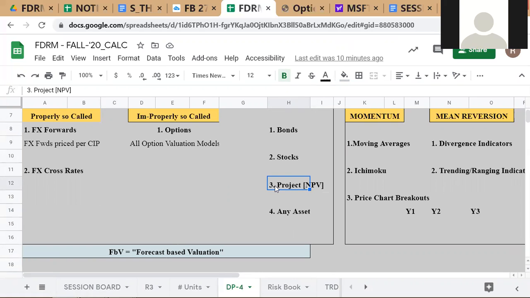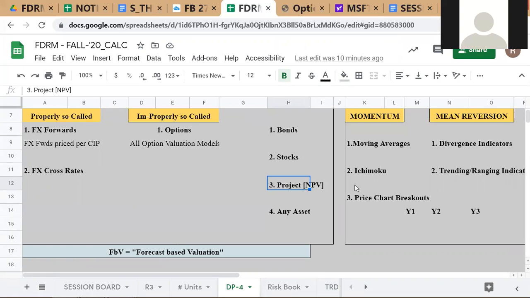The way you derive the fair value of the project is to project the future returns from the project that will be realized in the future years. You put them in each of the time periods in the future, and then you use an appropriate discount rate like the cost of capital, like a WACC, and you discount those future returns. We call them cash flows, but I prefer to use the general term returns.